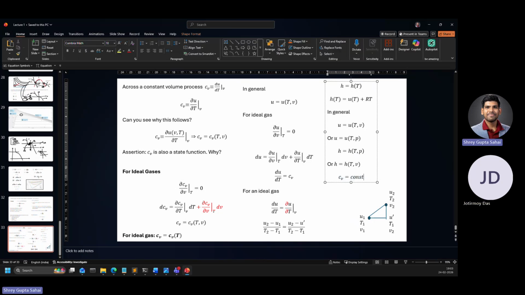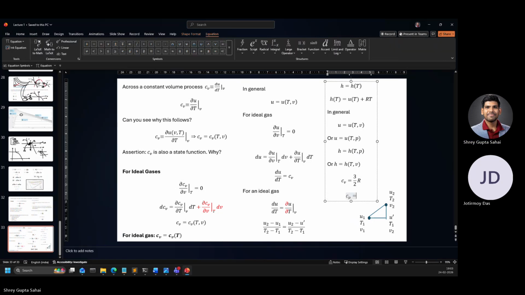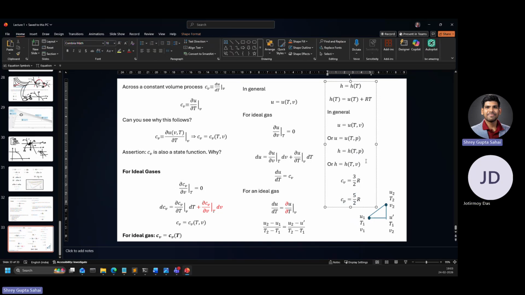Remember in our early high school days, we used to say Cv equals 3/2 R, and Cp was 5/2 R. This was for monoatomic gases. For diatomic gases, it was 5/2 R and 7/2 R. You remember?